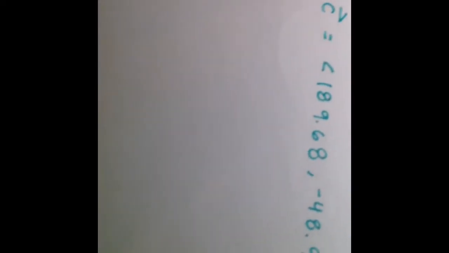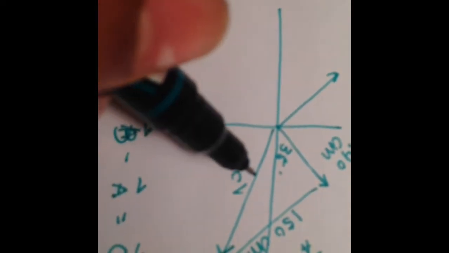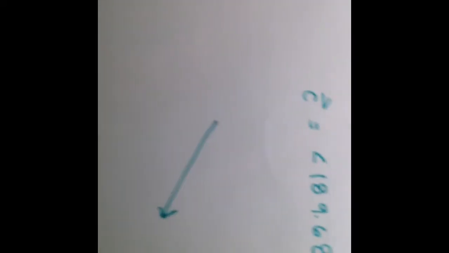So here you have your components. If you take your vector C and you bring it down and you draw it independently of the axis, then you can go ahead and draw your x and y components.